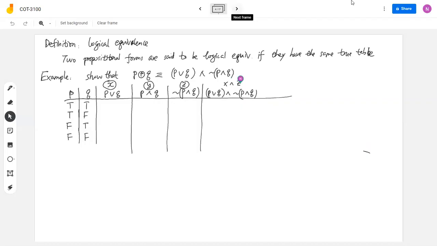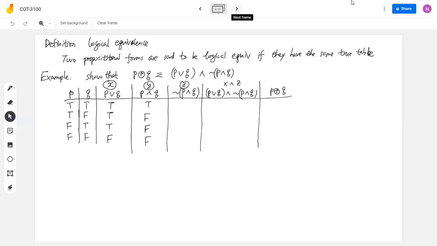And finally, we have P exclusive or Q. To save some time, we are going to run very quickly through this because we have seen this before. So this is T, F, and this is T, F, F, F. Please make sure that you can do this by yourself.